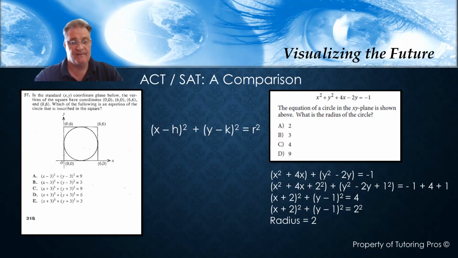At this point, you need to think, which one of these questions could I have answered quicker? On the left side, your answer choices already have your answer in the form of (x − h)² + (y − k)² = r². So you have a hint on where to go, whereas the SAT question on the right side starts with the original formula, and then you have to derive it.